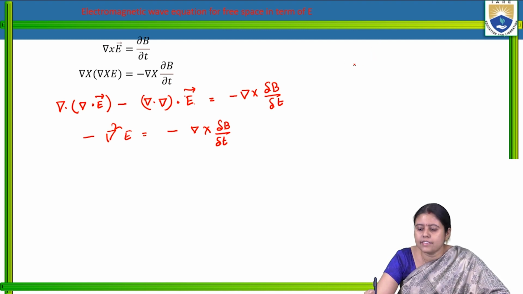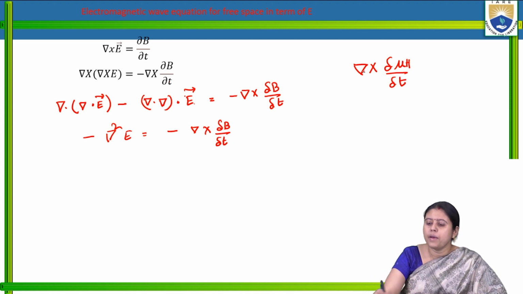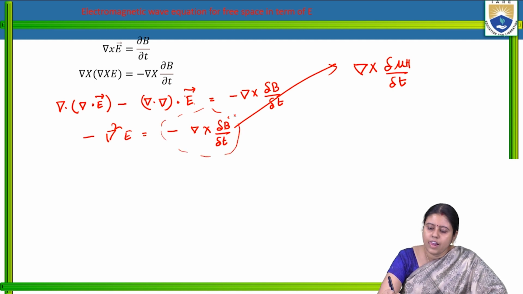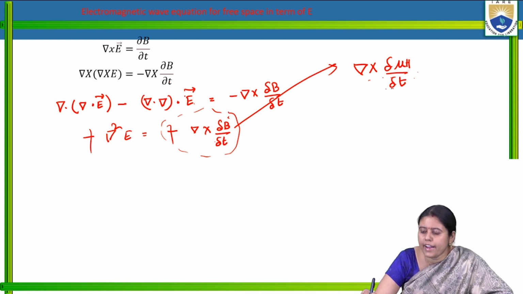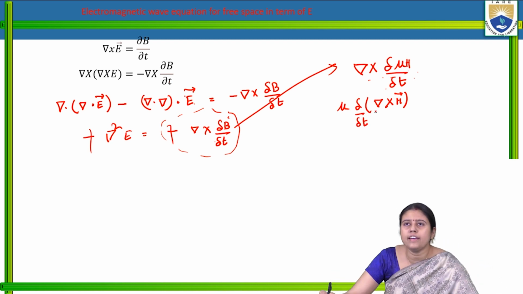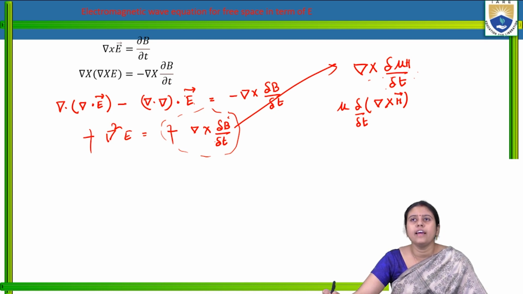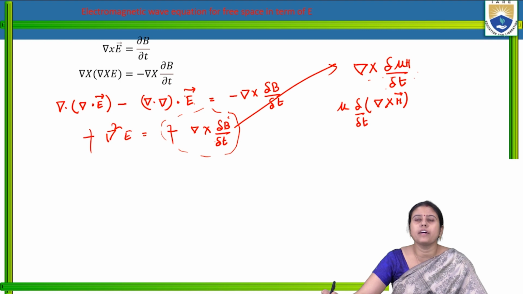From Faraday's equation, we can write del B as mu into H, so we have grad cross del by del T of mu H. Since mu is constant, we can write mu del by del T of grad cross H. What is the meaning of grad cross H?